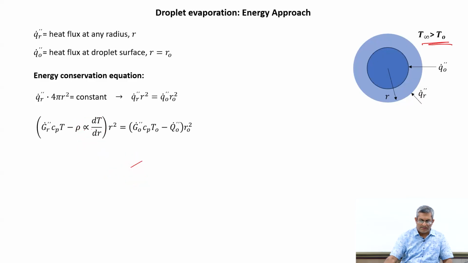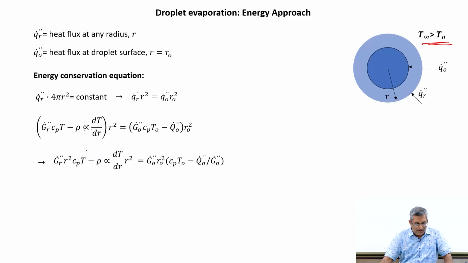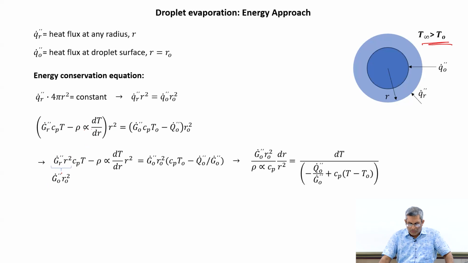Okay, so we can do a similar analysis as we did earlier, and here we remove the bracket, and again from mass conservation this term is equal to G naught R naught square, and we can club all terms with radius and all terms with temperature, so that we can solve this equation through the variable separation method as we did earlier.